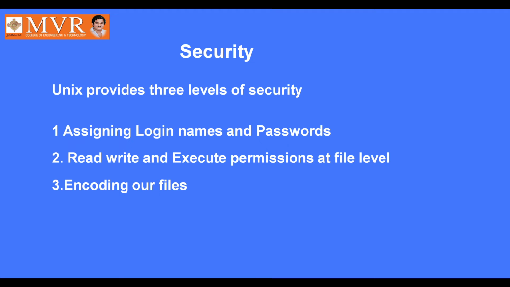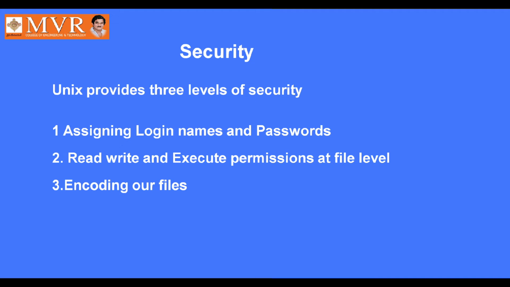But in Unix, you need not have any type of antivirus software, because it is a very secure operating system. It provides security at 3 levels. If anyone wants to crack a file, he has to pass through these 3 levels to cross the security.